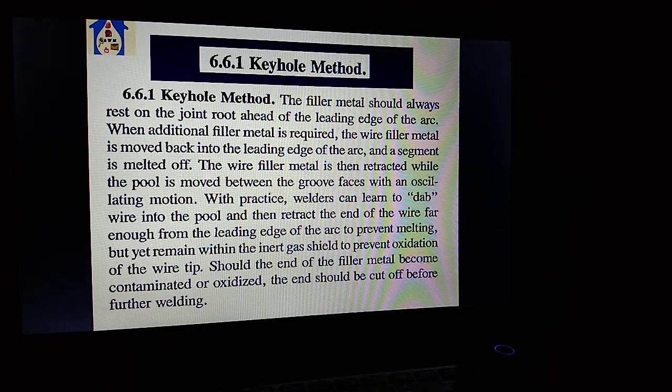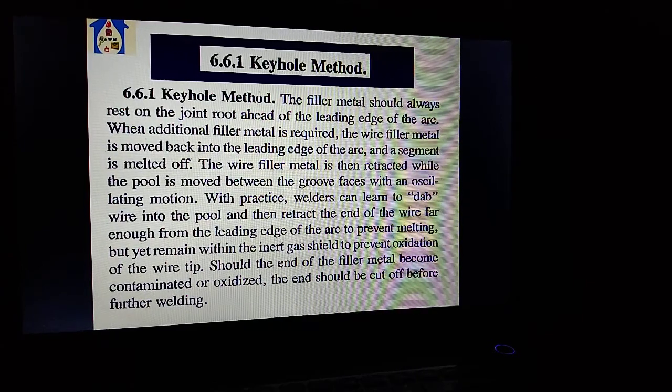If the end of the filler wire becomes contaminated by oxidation, the end should be cut off before further welding.